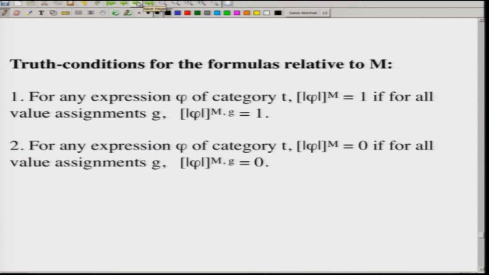Finally, whenever we have some g, we have to have these general rules, truth conditions for the formulas relative to m, because g has to go. If we remember that, when we start checking, g is the starting point, but we touch upon all g primes and g double primes and all that stuff, we get back to g, but there could be anything. We could start here.